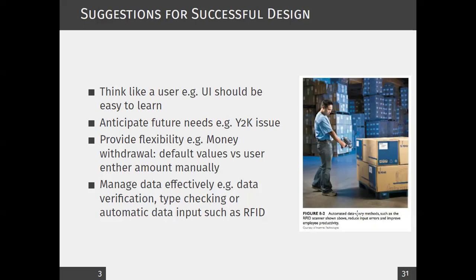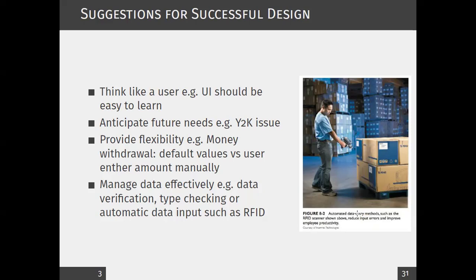And also flexibility, right? For example, if you go to an ATM and it asks what amount you want to withdraw, usually they give a predefined set of amounts like 5,000, 10,000, 15,000, 20,000, and so on.